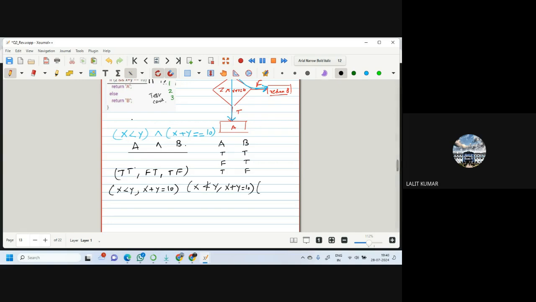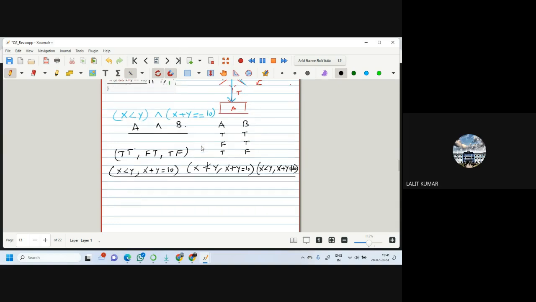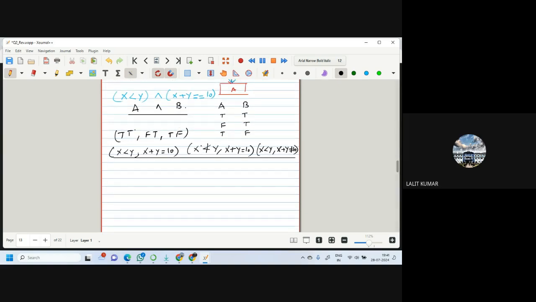TF is x is less than y and x plus y is not equal to 10. So these are the 3 test cases I have found. Your subsequent questions will give you the test cases which suffice. So first thing we have to check is whether the number is matching or not.